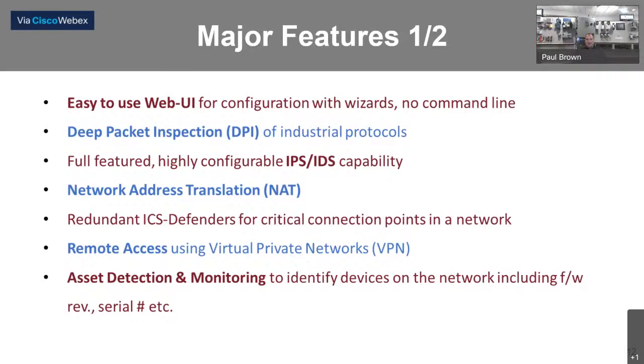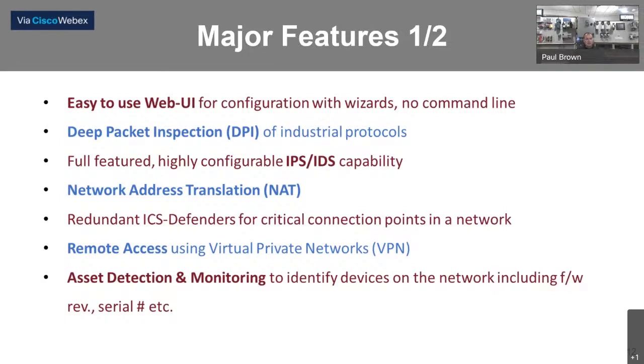It offers deep packet inspection of industrial protocols, so we can limit the traffic that comes from the IT network to the controls network by simply saying we only want to see Ethernet IP pass through this device. That's one way you could configure it.